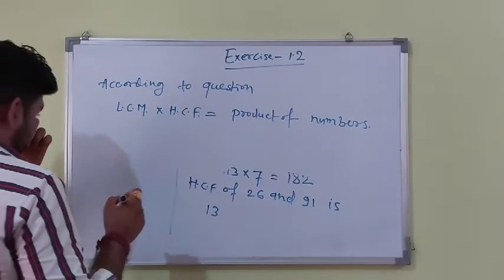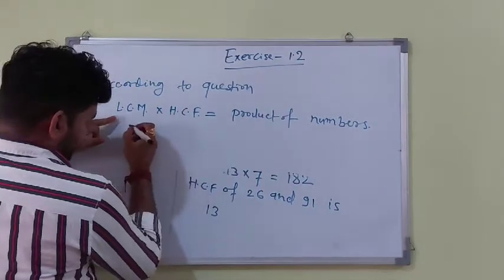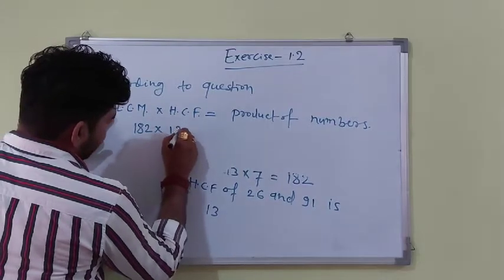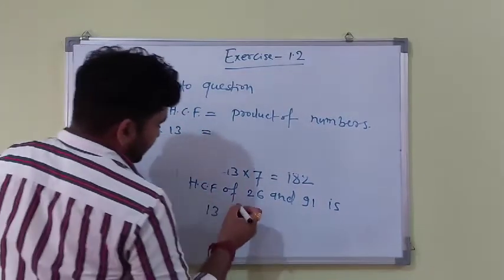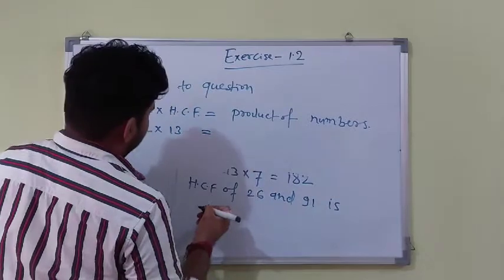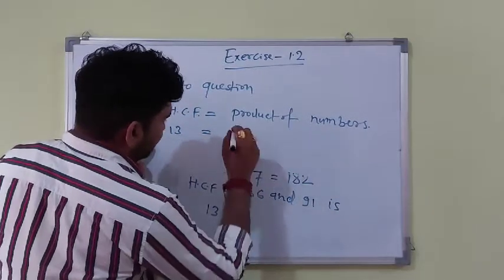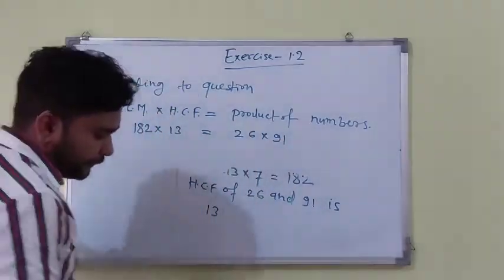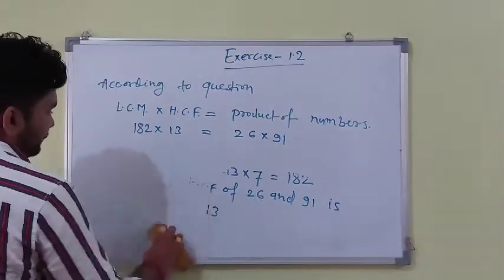Okay, so the LCM is 182 multiplied by the HCF 13. The product of the given numbers is 26 multiplied by 91. Let's check.